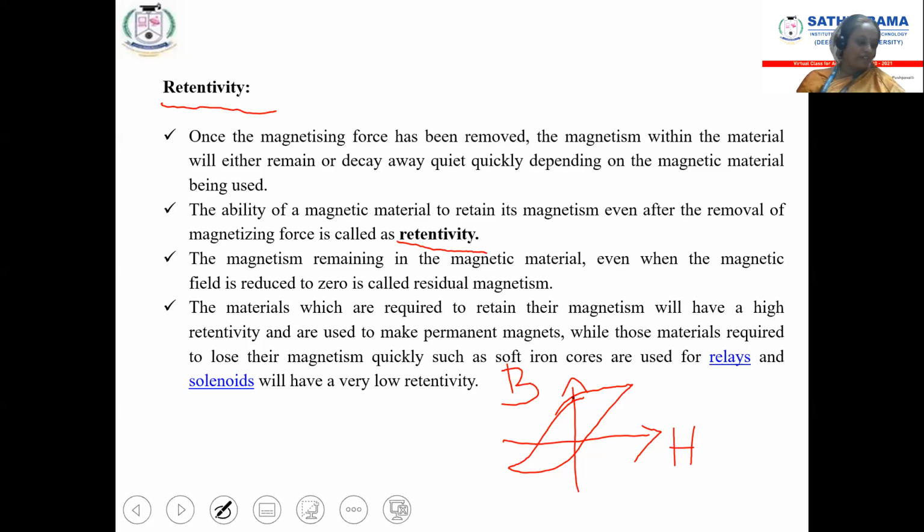The DC generator is still used today in electrical locomotives, where the residual magnetism will develop the voltage. So residual magnetism is very, very important.